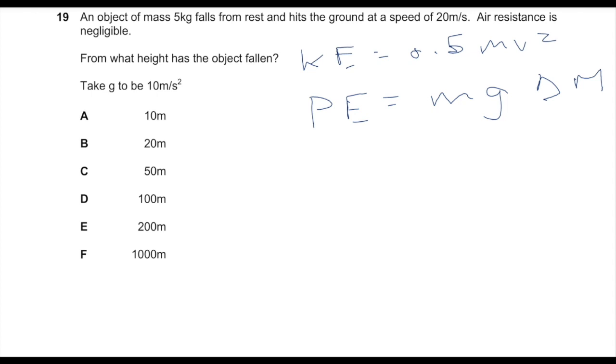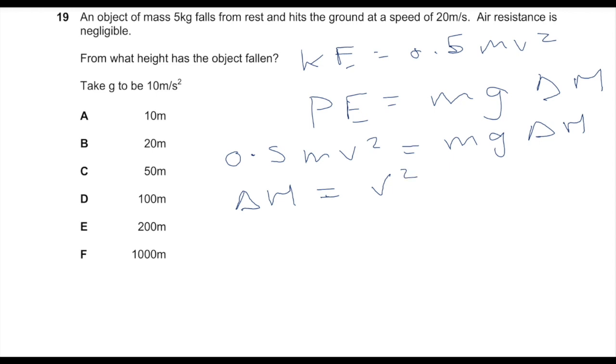They should equal each other because air resistance is negligible. 0.5 mv squared is equal to mg delta h, and we want to isolate delta h, and we're going to simplify as we go along. That comes to v squared over 2g. We were able to cancel out mass there.